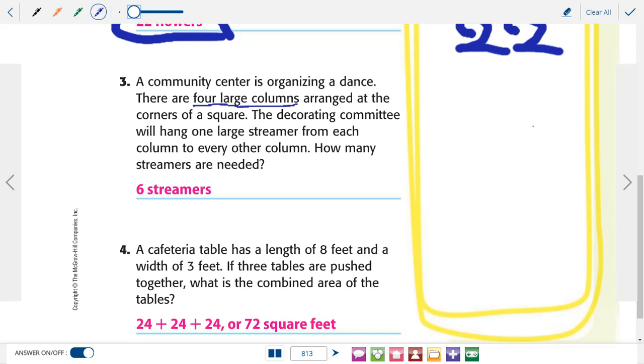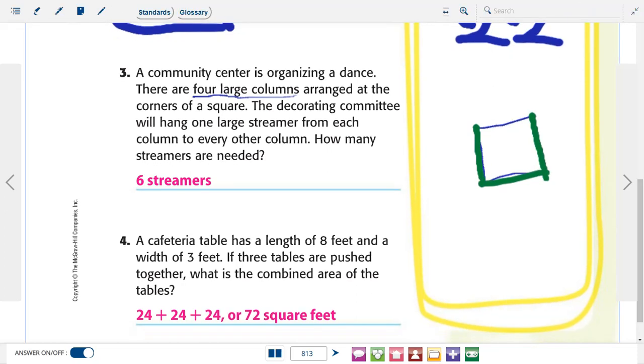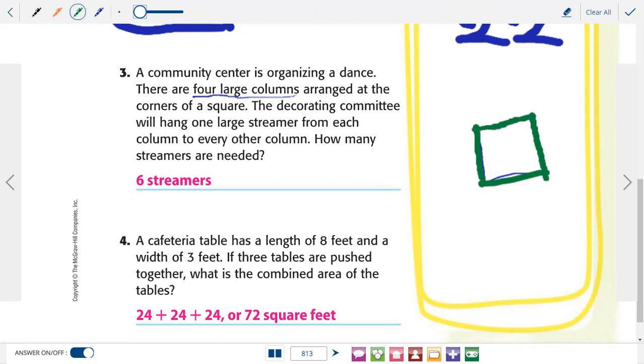So let's draw a square and use another color. They will make what? 4 large columns. So one here, one here, one here, and one here. Okay.